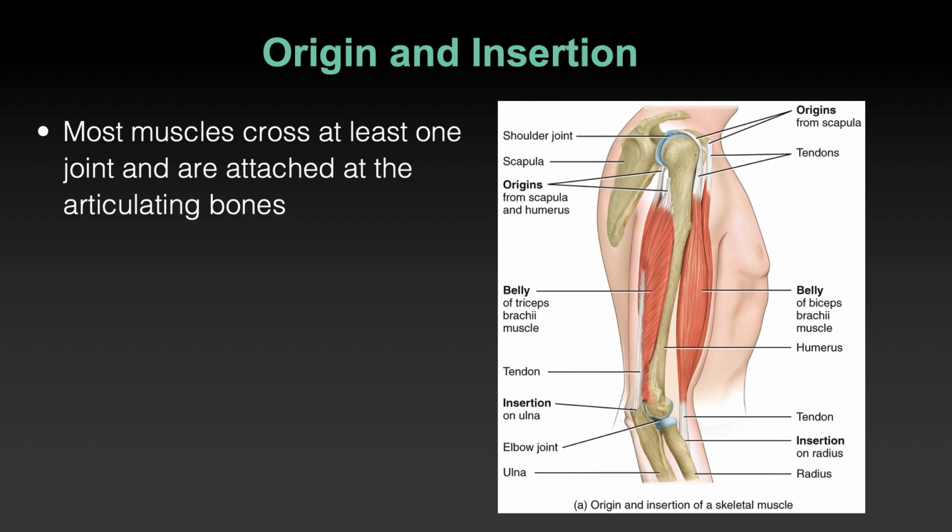In order for motion to occur, the muscle has to cross over a joint or a point of articulation. Joints allow movement to occur. And if that muscle crosses over top of that joint, as soon as the elastic band recoils and those ends get pulled together, you're going to see movement occur at that point of articulation, at that joint.